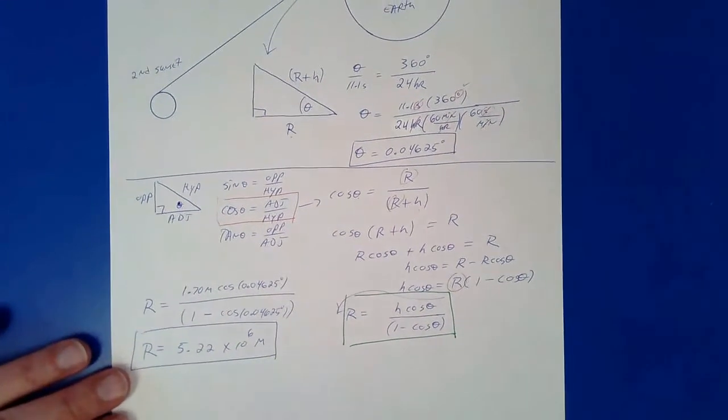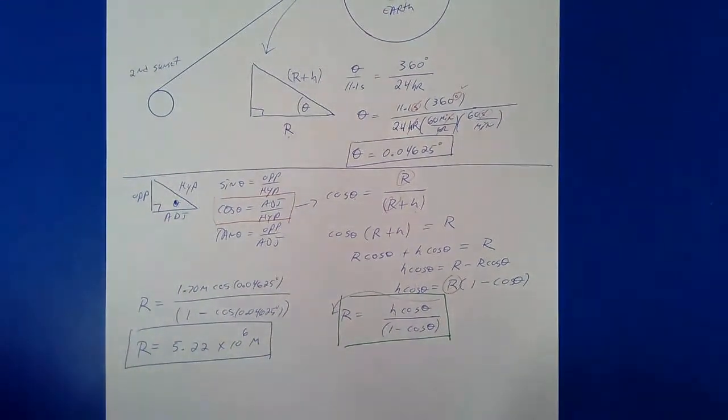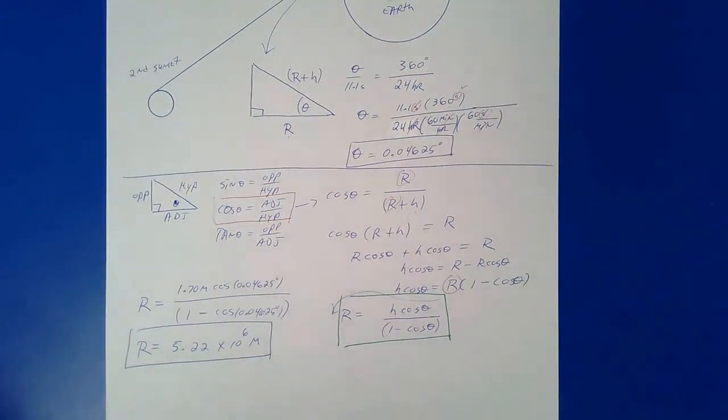Okay, so there's the solution to the problem that we had to do, finding the radius of the Earth based on height of elevation and time between two sunsets. Now, if I were to give you a similar problem, but I gave you different information and asked you to solve for something else, how would you go about that?